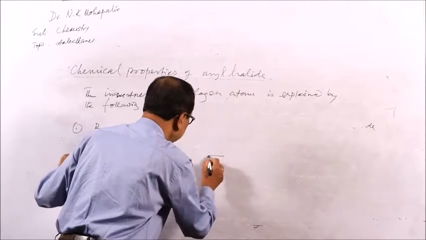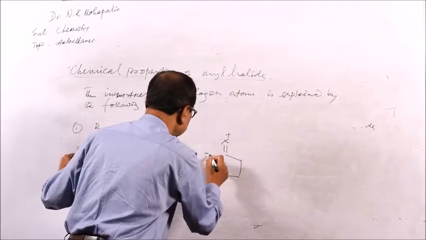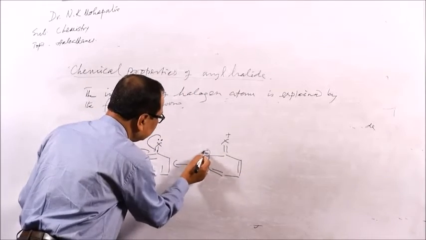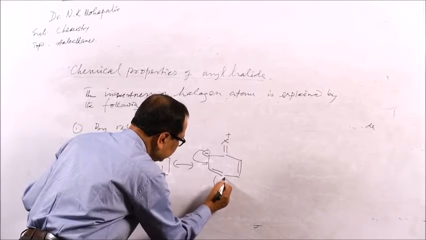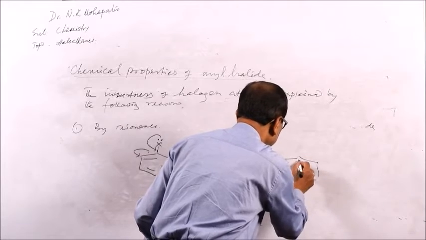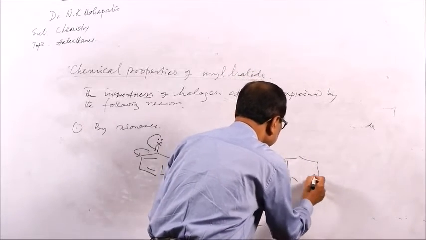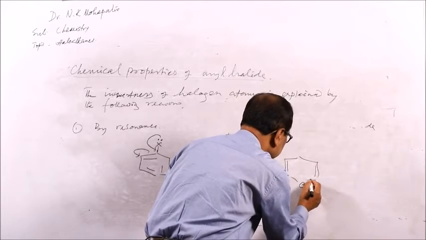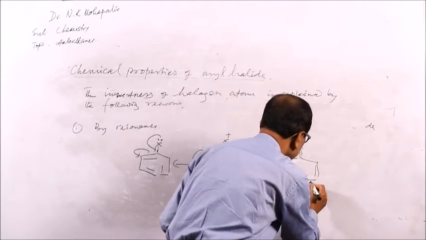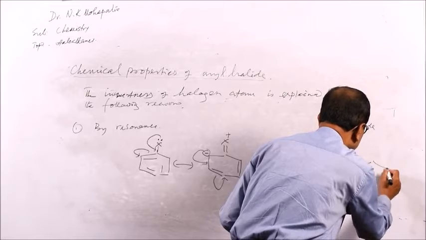We get X plus and a negative charge here. This is one structure. Again, this negative charge polarizes in this direction to give another resonating structure, and again it polarizes to give another structure.